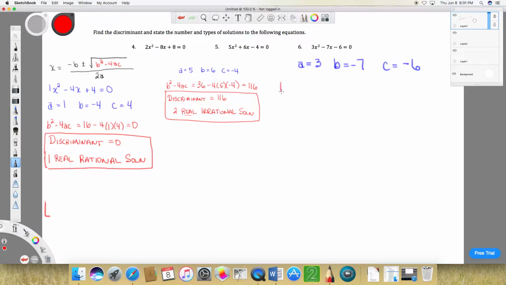The formula for the discriminant is b squared minus 4 times a times c. B squared, -7 times itself is 49, minus 4 times a, and a is 3, times c, and c is -6. So what do we get this time?